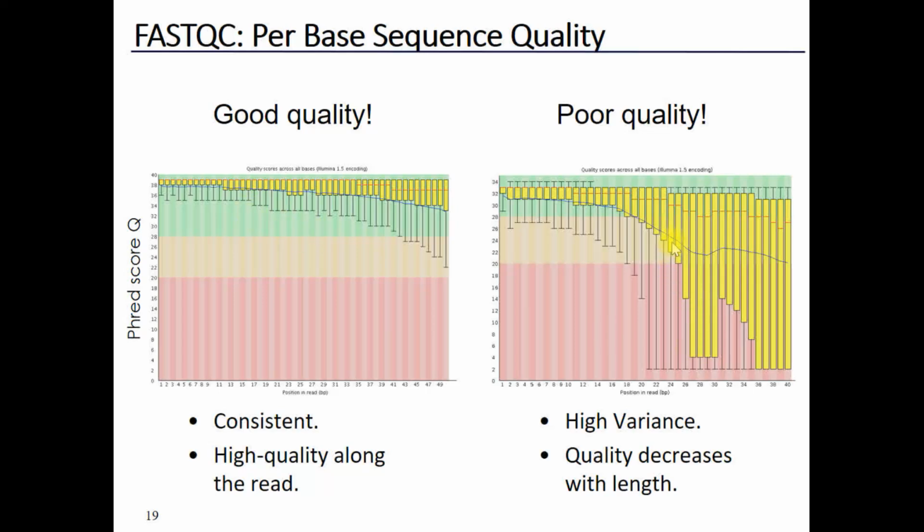And the rule of thumb is if 20% of the positions in the read have a Phred quality score less than 20, then you need to get rid of this read. So that is the per base sequence quality.